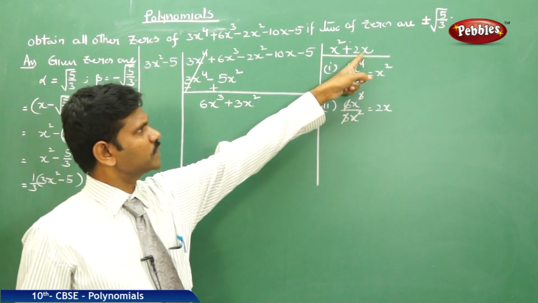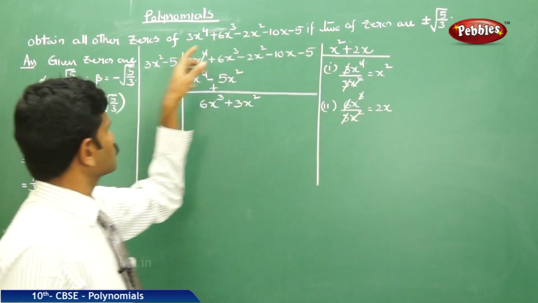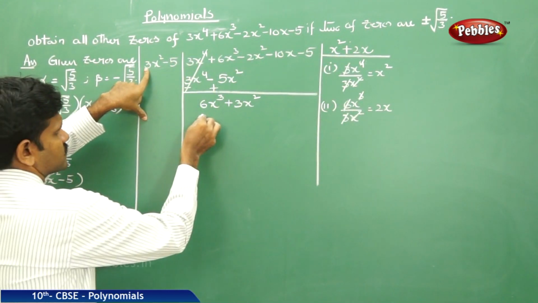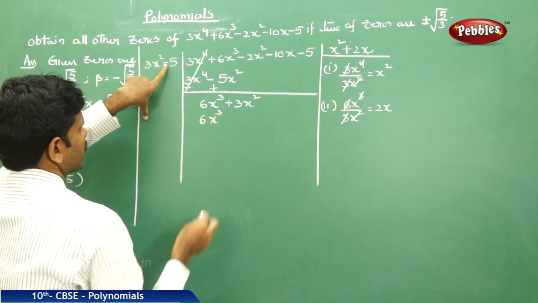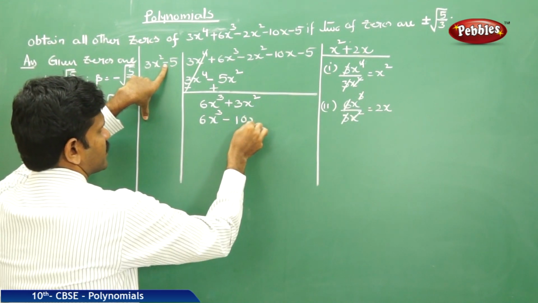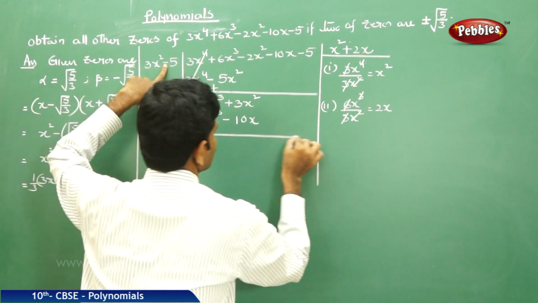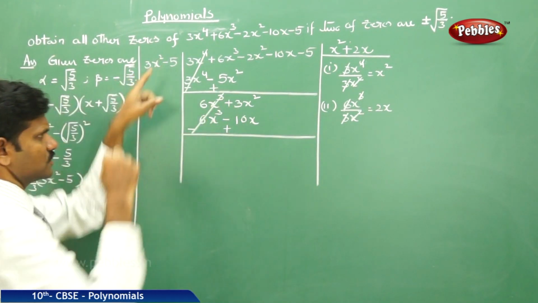With the help of the 2x, multiply your divisor. 2 3s are 6, x into x square, x cube, sign minus. 5 2s are 10x. Minus plus cancel.